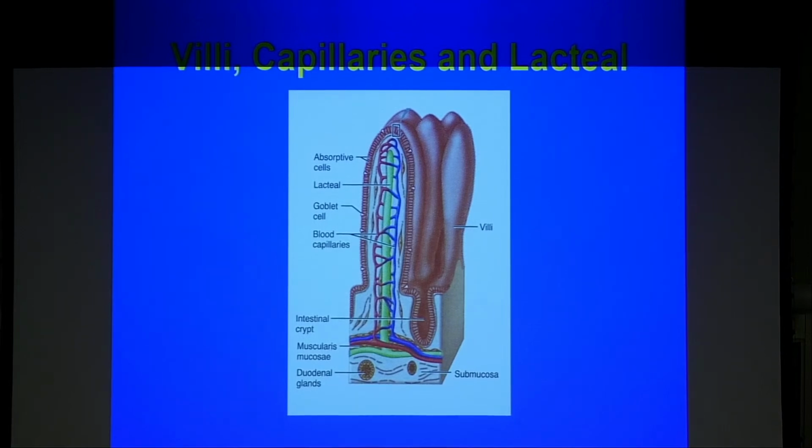Turns out that these chylomicrons are just too big to get between the narrow gaps that are found between the endothelial cells of the capillaries. So we walk around that problem by using the lymphatic system.